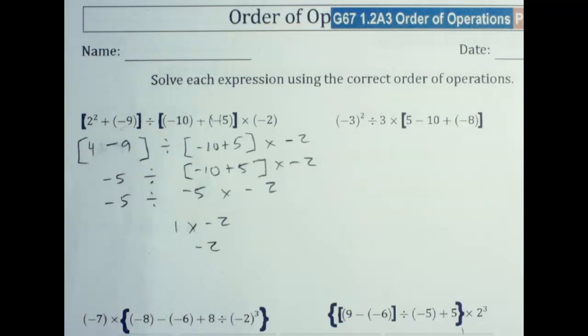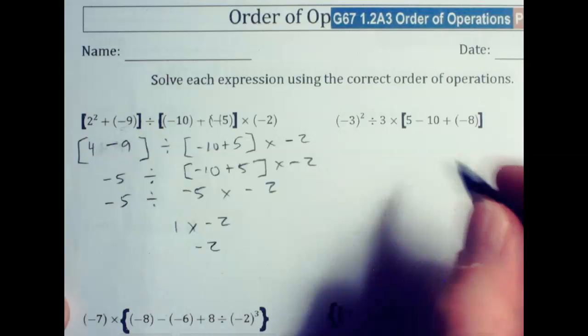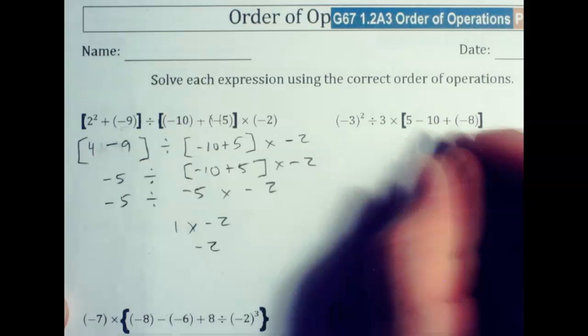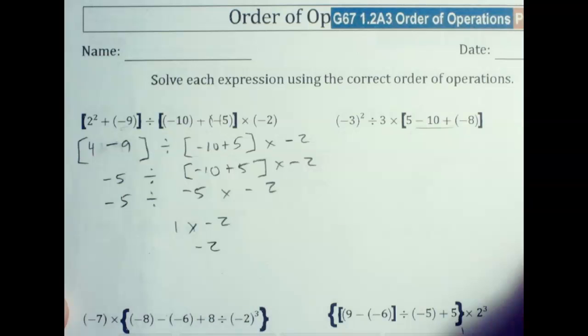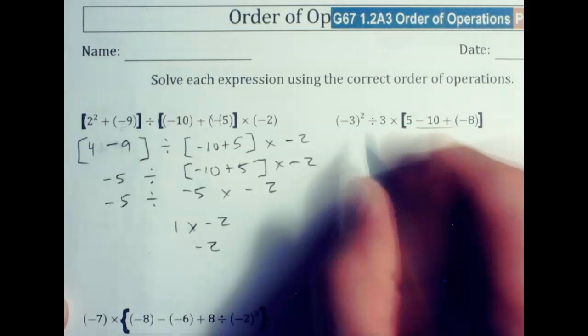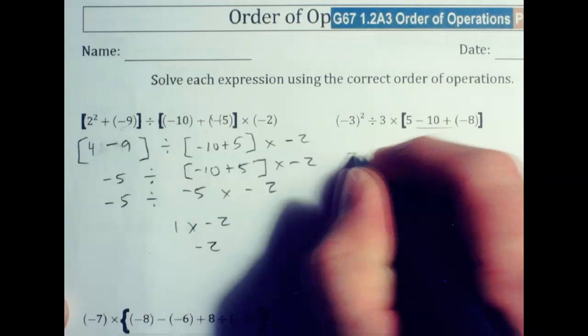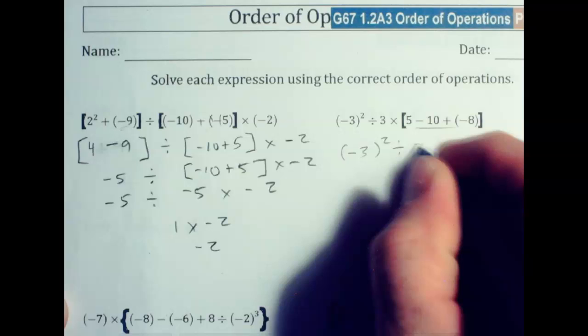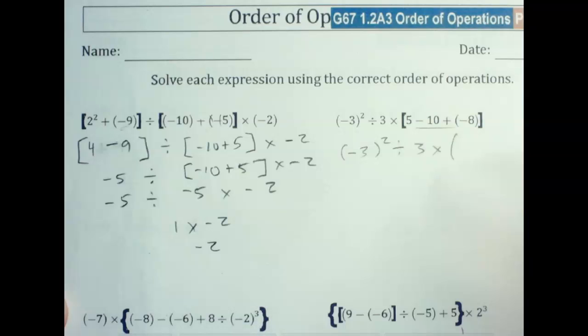All right. This time here, I'm just going to make sure that these brackets stay. I'm going to go inside this first, and inside here I follow order of operations, so I have to do the subtraction here first. So I've got -3, and that's squared, divided by 3 times, and this time I'll use parentheses.